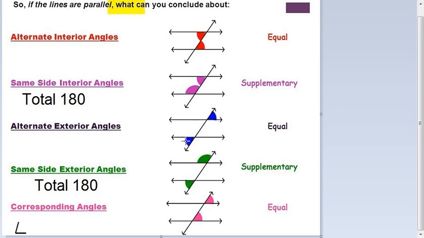This blue side is same side exterior angles, and corresponding angles, these pink ones, are always equal. Same side exterior is supplementary, meaning 180 degrees. Alternate exterior is equal. Same side interior is supplementary. Alternate interior is equal. So remember these 5-6 angle types very clearly.